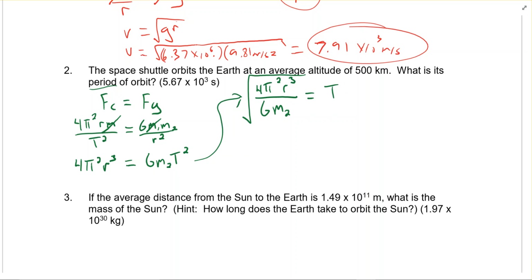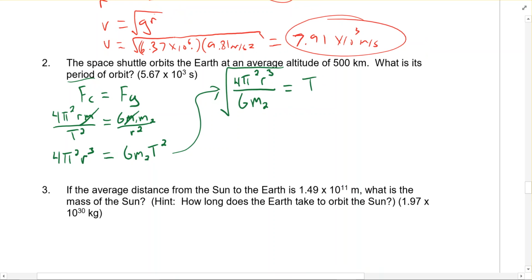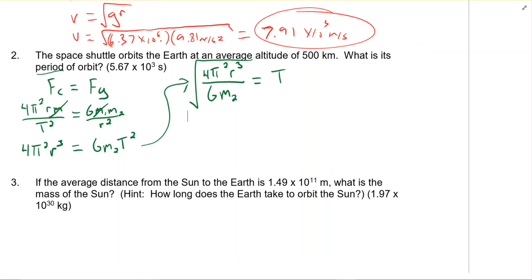So now that I have that, the only thing we've got to figure out is what r to put in. Well, the altitude is 500 kilometers, so I need the radius of the Earth plus 500, because it's 500 up there. I need this as my radius.